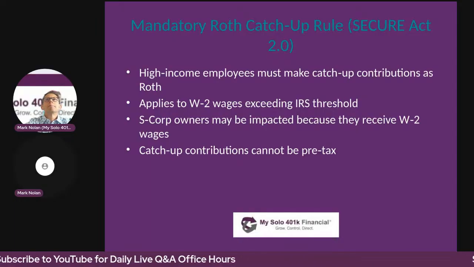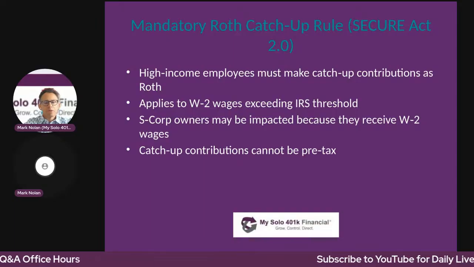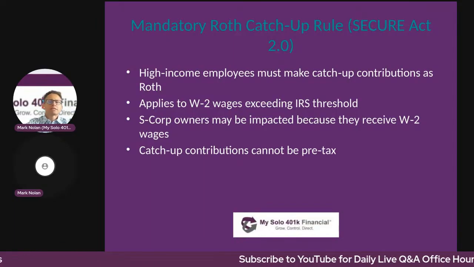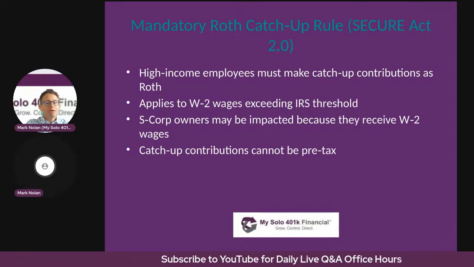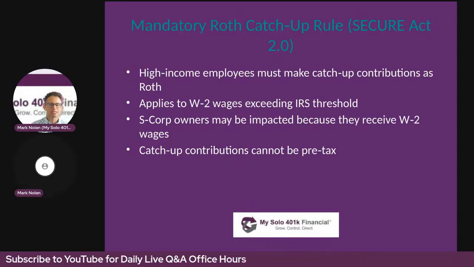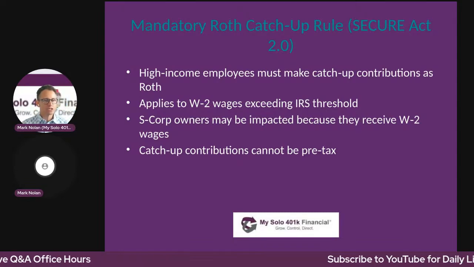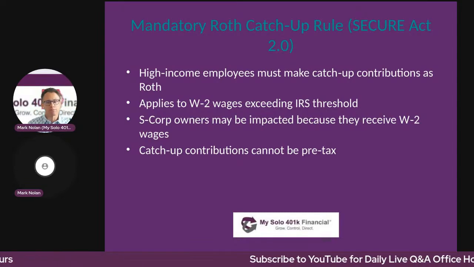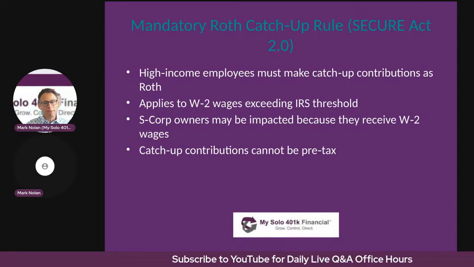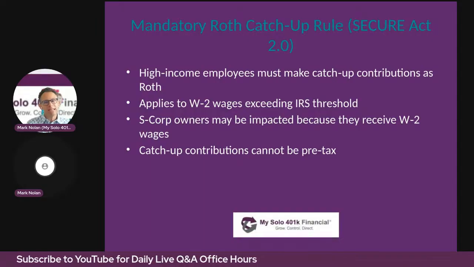Okay, so beginning in 2026, if an employee earns more than the IRS threshold in wages indexed annually, then catch-up contributions, whether a normal catch-up or a super catch-up contribution, must be made as a Roth contribution rather than pre-tax.